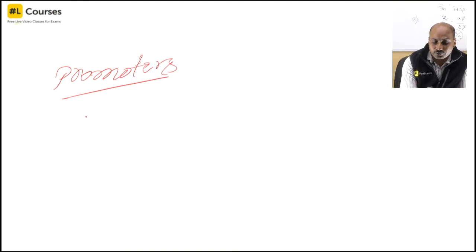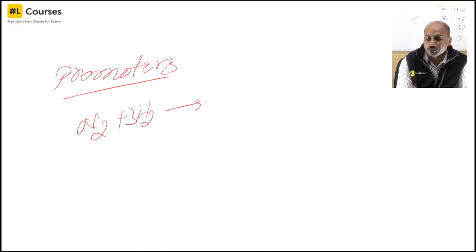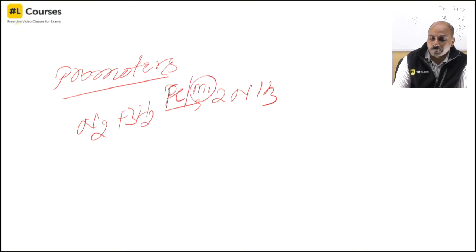In the case of Haber's process of manufacturing ammonia, N2 plus H2 gives you 2NH3, where we are using iron as the catalyst and molybdenum as the promoter. Now this molybdenum will take care of the poisoning of the iron effectively.